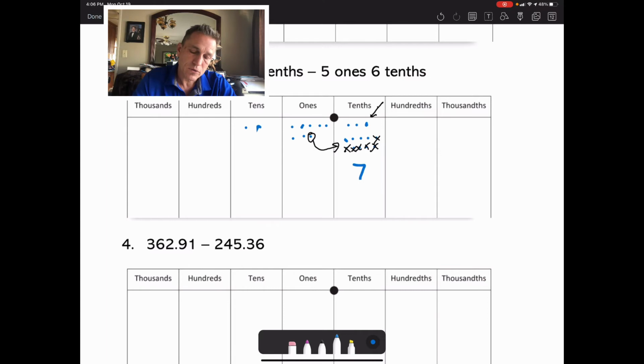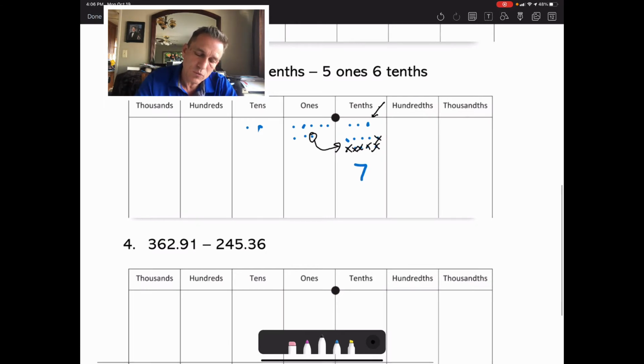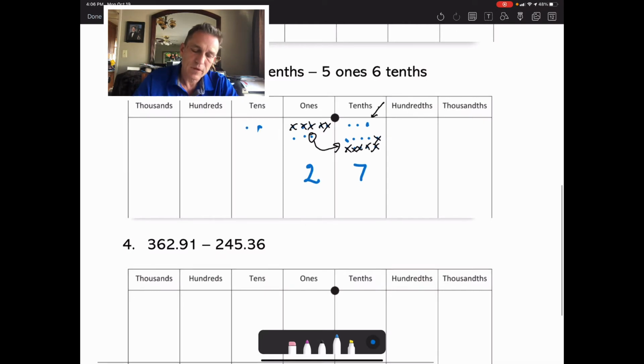And now let's go to my ones. So they want me to take away 5 ones. Do I have enough ones to take away 5? Yes, I do. So I'm going to take away 5 ones. So 1, 2, 3, 4, 5. And so now I have 2 ones left. And there are still 2 tens left.